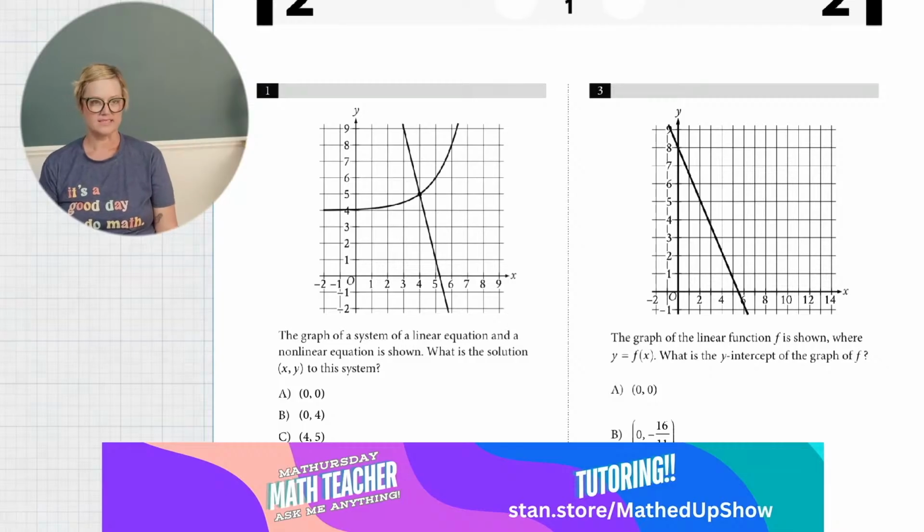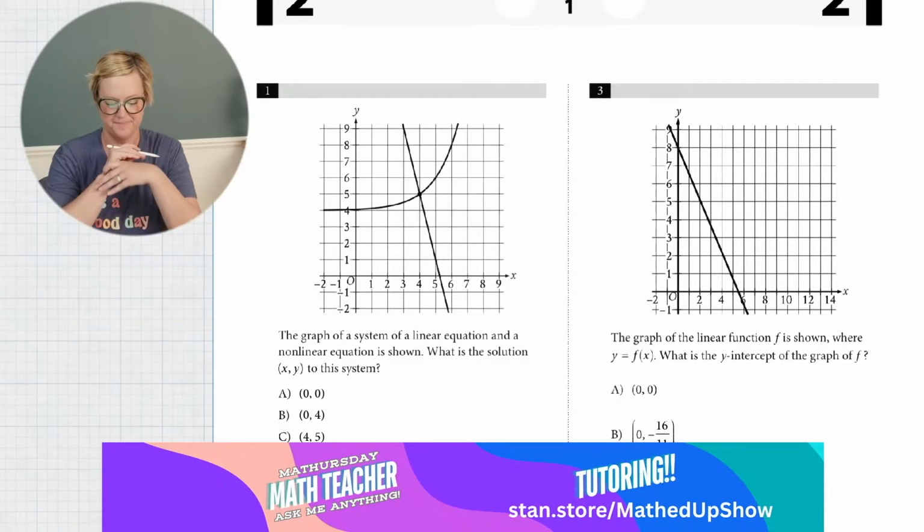All right, we've got a C. Let's see, what else do you guys think?